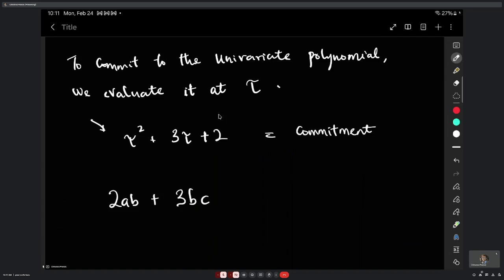Two different powers of tau. But none of this is of a higher degree, right? All the variables are of degree 1. Okay, we get a tau for each variable.